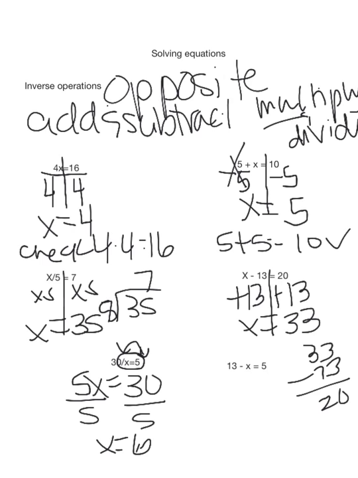Same thing over here. I have to take 13 minus a number to get 5. I can't do it that way, so I have to either take 13 minus 5 to get x, and 13 minus 5 is 8.